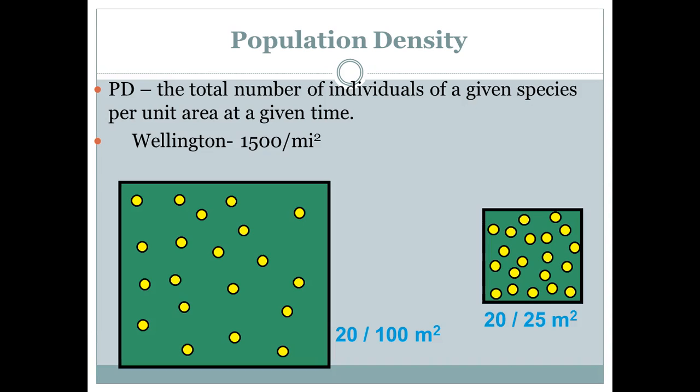We extrapolated that and said, well, if there's not very many producers, then it's not going to be able to hold very many consumers either.